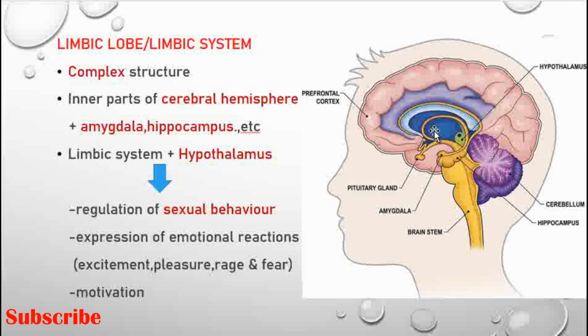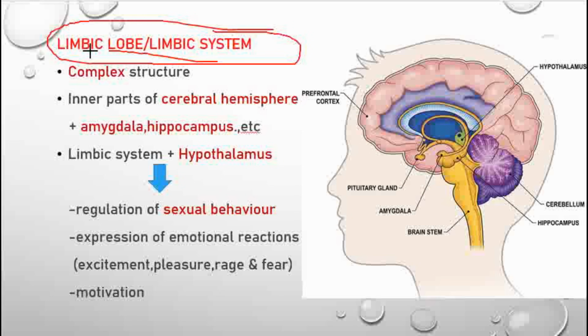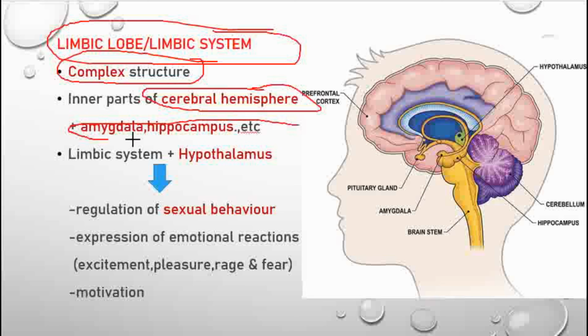Next, coming to the limbic lobe or the limbic system. So this is a very complex structure actually. In the inner parts of the cerebral hemisphere, as I already said, there are two hemispheres, left and right cerebral hemisphere. Inside these hemispheres there are many deep structures like amygdala and hippocampus.